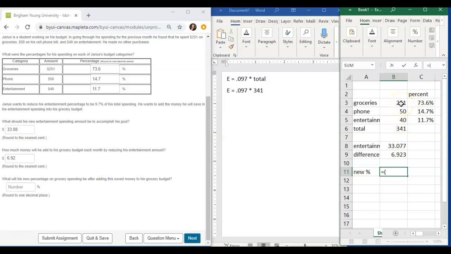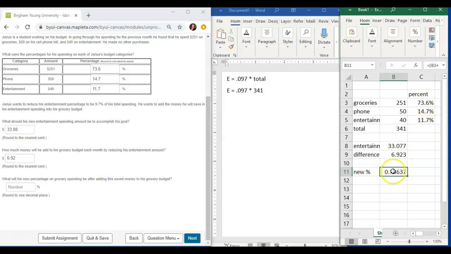It was $251 here, and we just need to add his new amount here, and that gives us his new absolute total. I put that in parentheses because that's the entire grocery budget that he wants to spend. Then, just like we did before, divide by his total that he spends, and that'll give us the new percent of his grocery budget. And if we move it over, it gets 75.6.